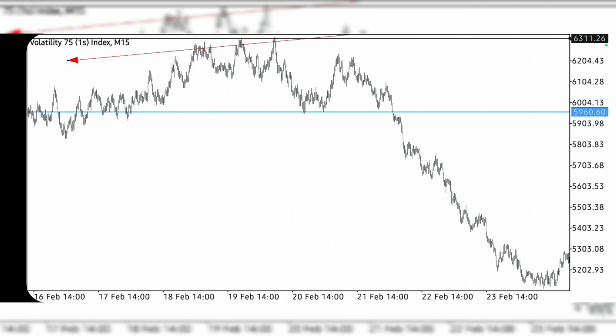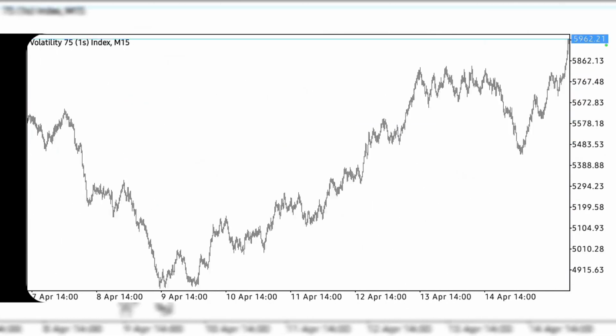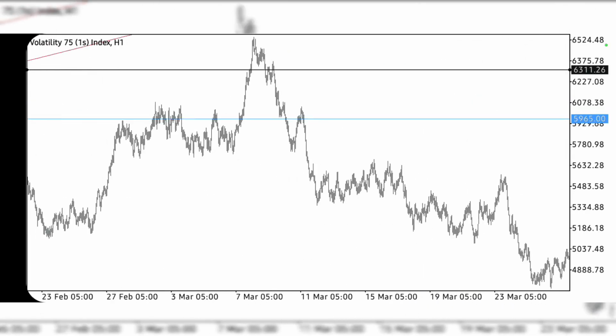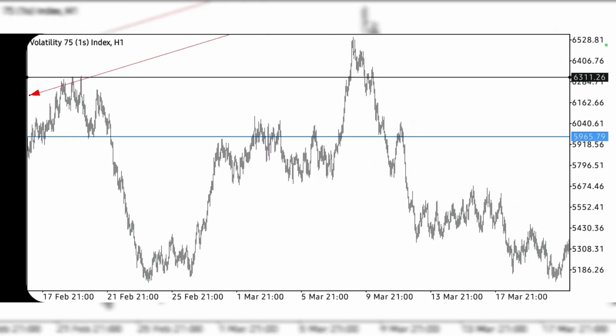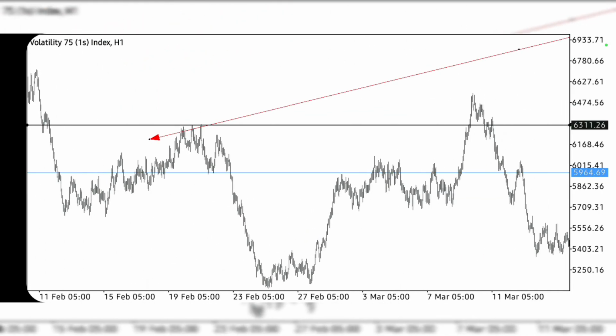Okay, let's go for the 1 hour time frame. On this 1 hour time frame, it's really obvious that this is a break of structure, but seeing it from the 4 hours perspective, seeing it from the daily perspective, it is actually an inducement.